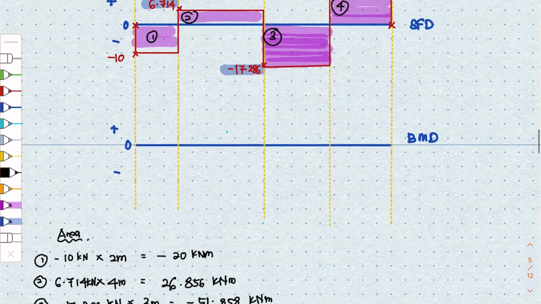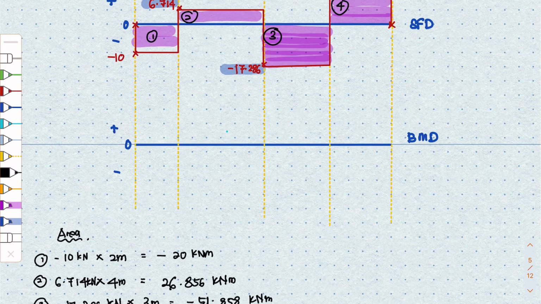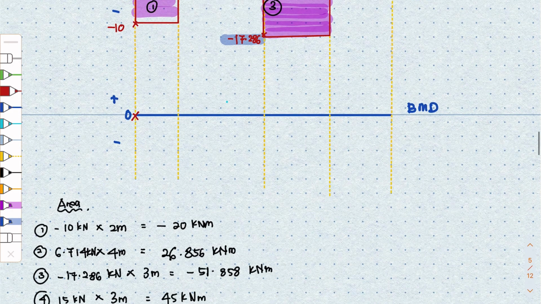Okay, so kita bolehlah construct our bending moment diagram. So how we going to do this? Kita akan start macam mana pun dekat kosong. Then kita akan tengok the first area. Okay, first area-nya adalah negative 20.